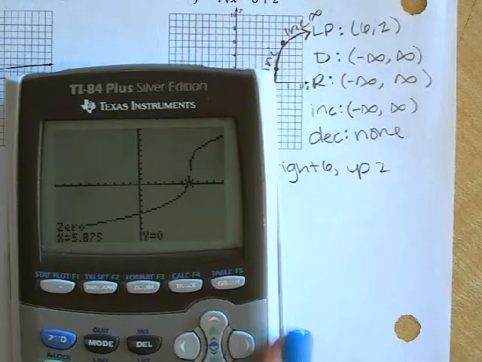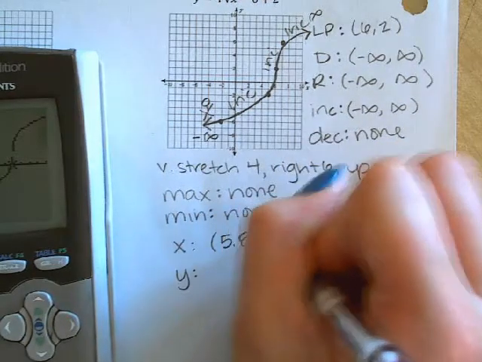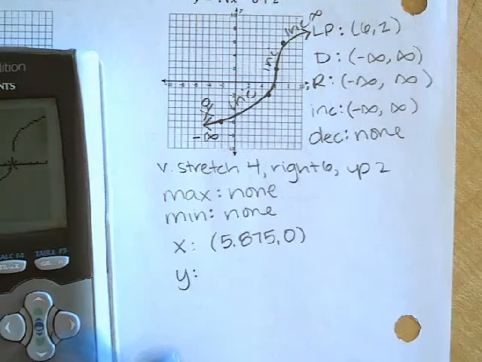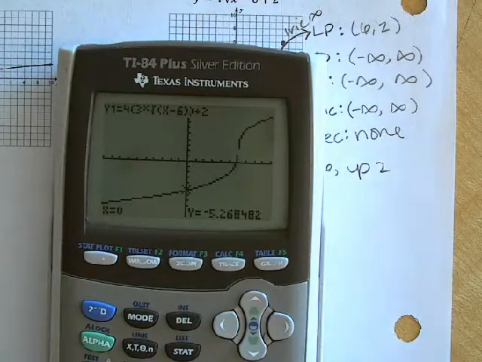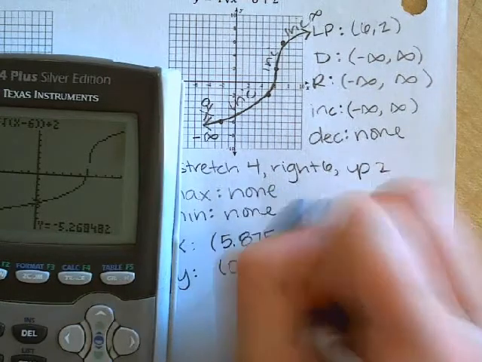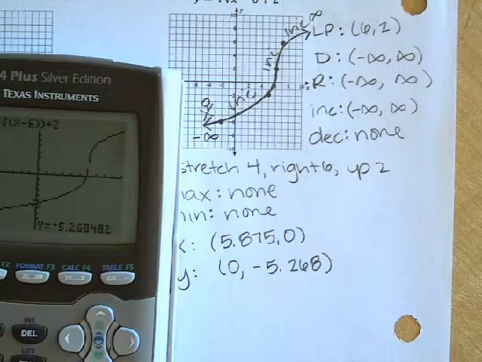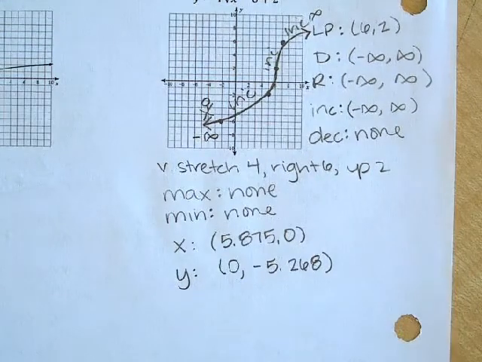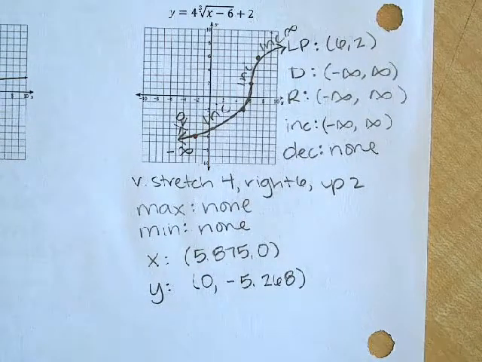So 5.875. And then my y-intercept is negative 5.268. What else do we want to find?